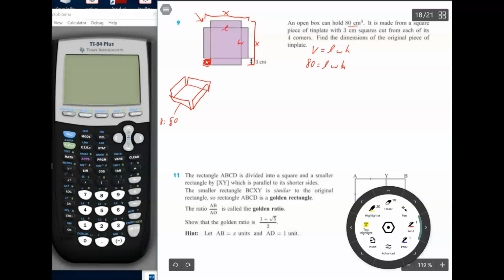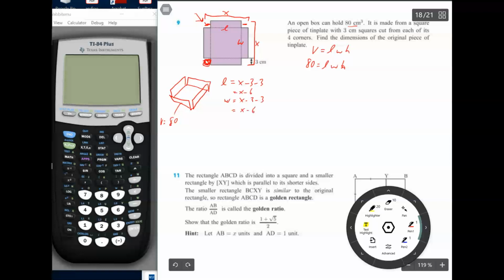So L is actually x minus 3, and width is also x minus 3 minus 3. So actually our length is equal to x minus 6, and our width is equal to x minus 6.